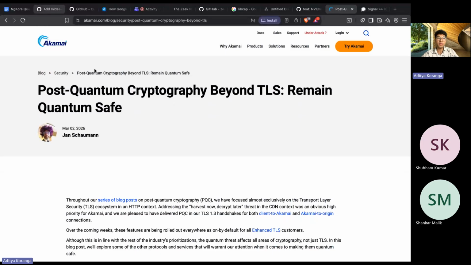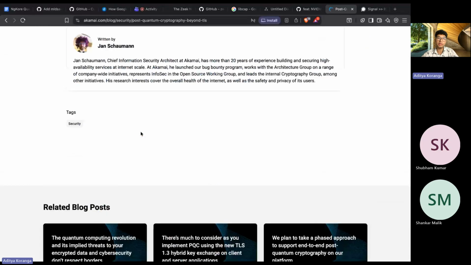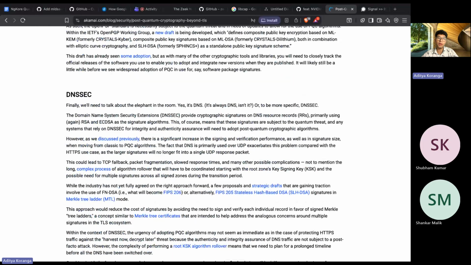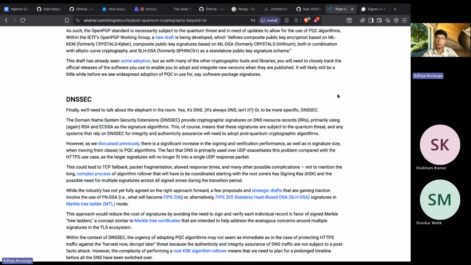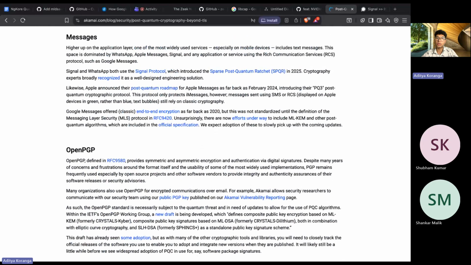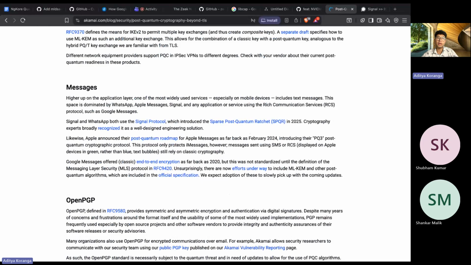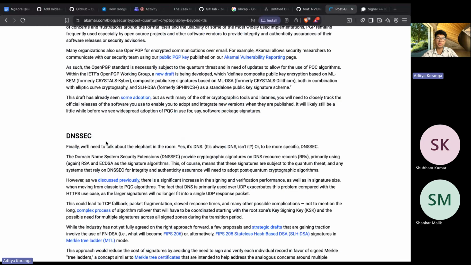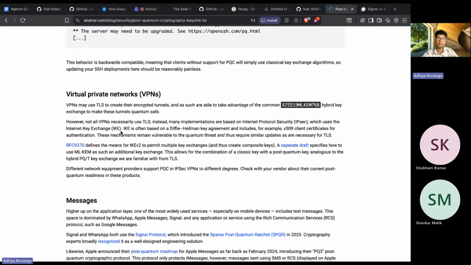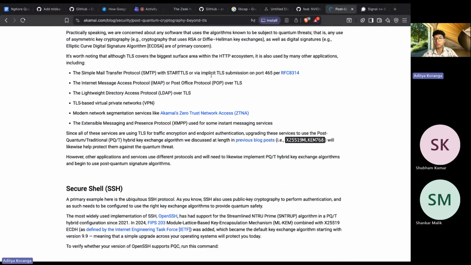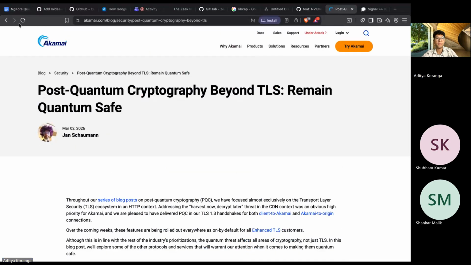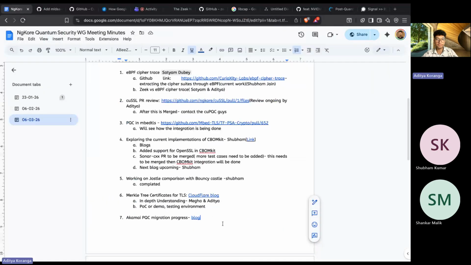Yeah. So maybe in the future, since in one of our projects, PQ Proto, our work is to look into different protocols, I was thinking we can cover these protocols that Akamai has discussed in this blog too. Yeah, what do you think?